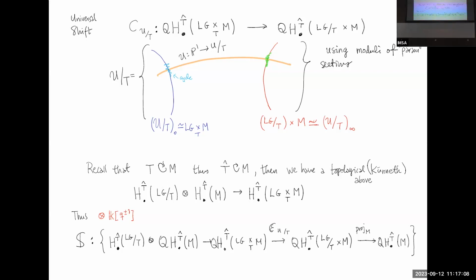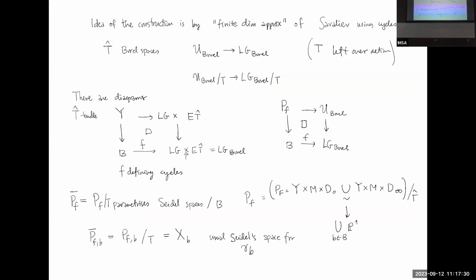We construct this map first, this universal shape of correspondence, if you want to call it, and then we consider the topological map, then this universal shift, and then I project to M. And so that composition is essentially what gives me the universal shift operator.